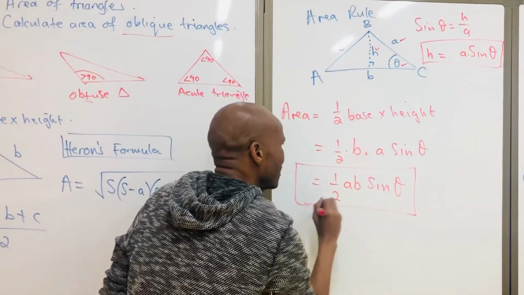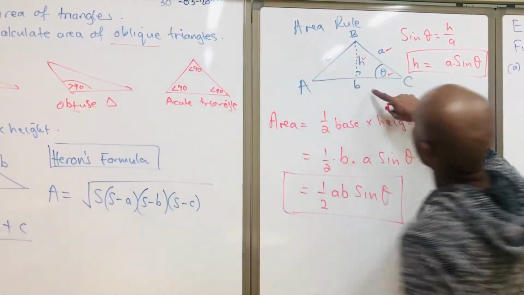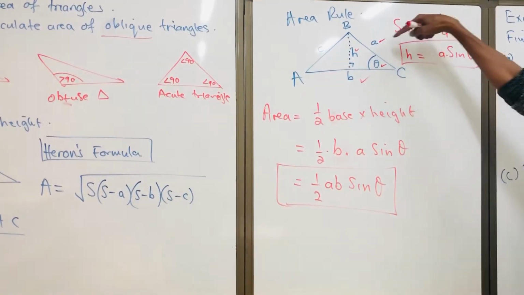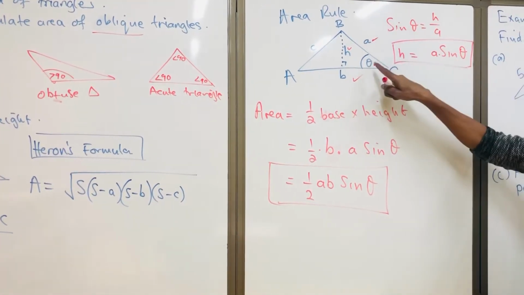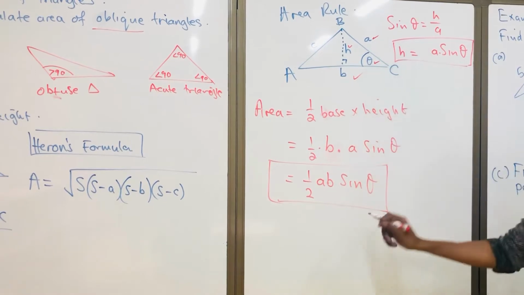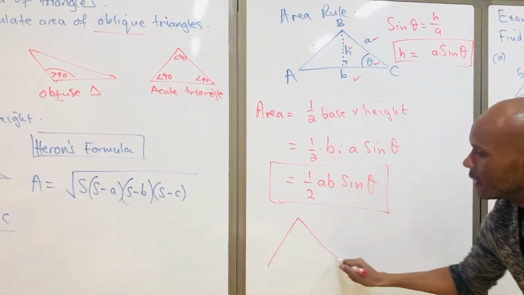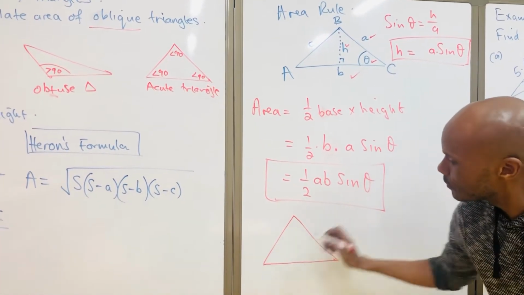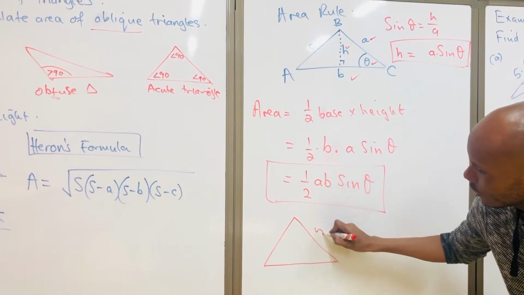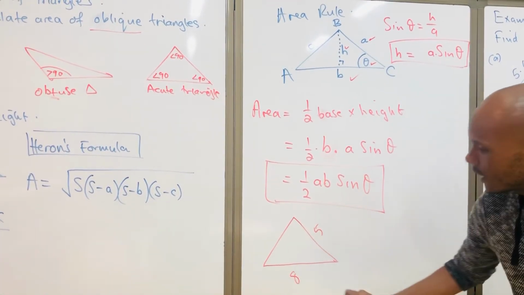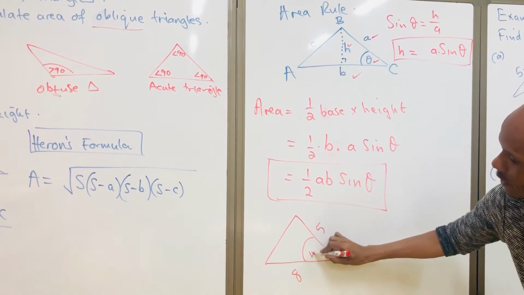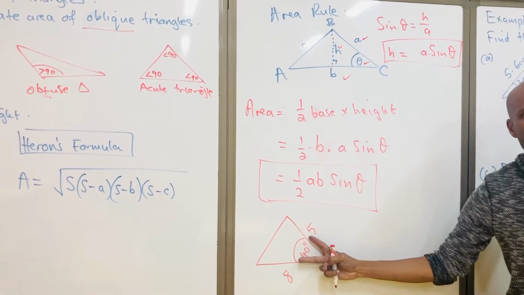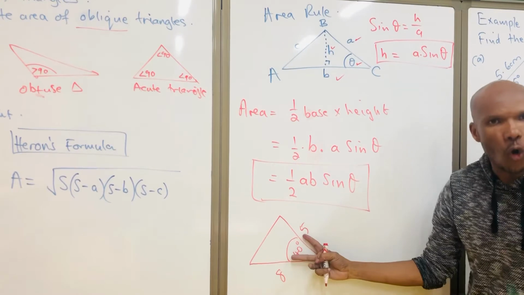So that means now I've incorporated side b, I've incorporated side a, and the angle is in between. So you can find the area of any triangle in which you know the sides, say that is 5, and that is 8, and that is 40 degrees. You see the two sides are here and the angle is in between. Always the angle is in between.